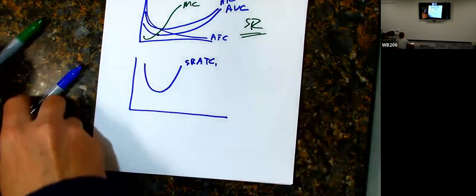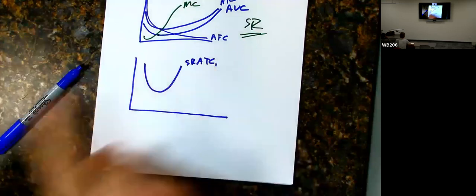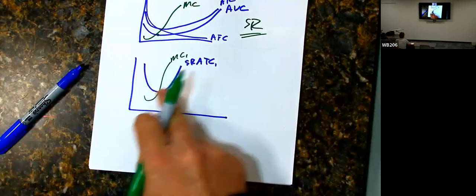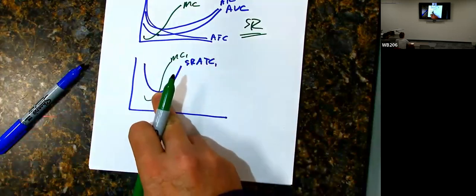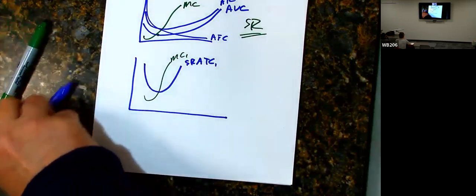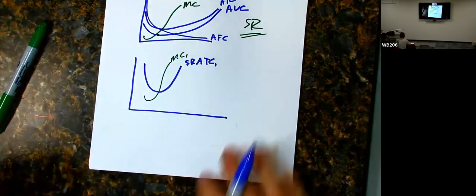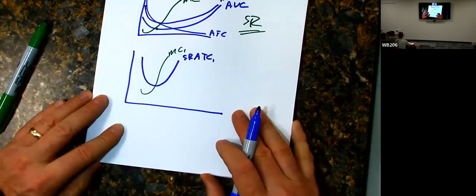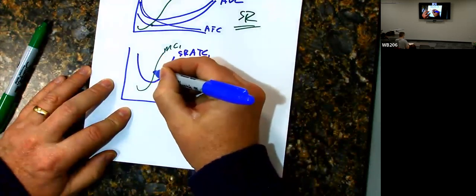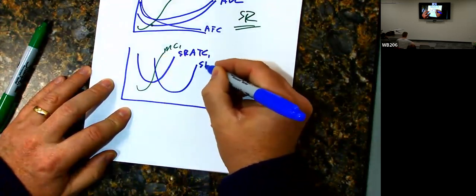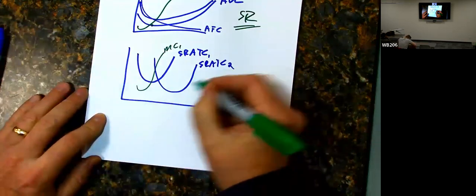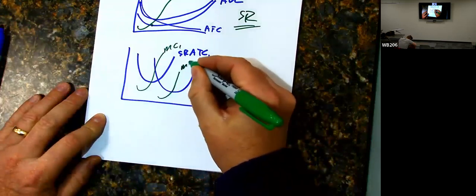Now this is the average total cost curve in this short run, and the marginal cost curve in that short run will cut through this average total cost curve at its bottom. But if we change the size of plant, if we build a bigger factory, it could be the case that with a larger factory, we have a short run average total cost curve here and the marginal cost curve here.